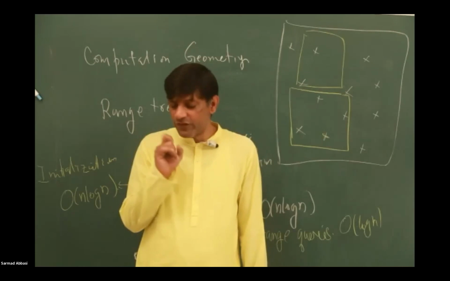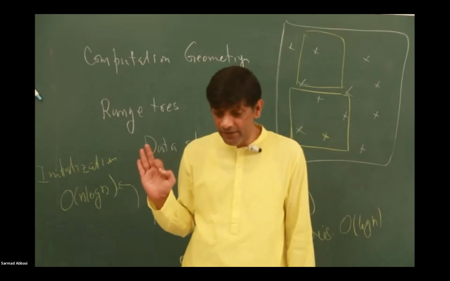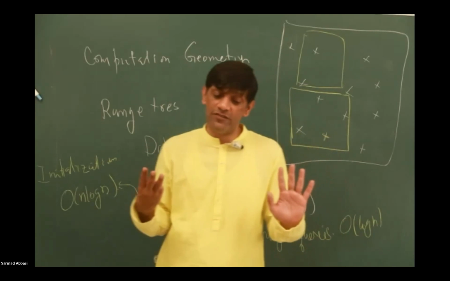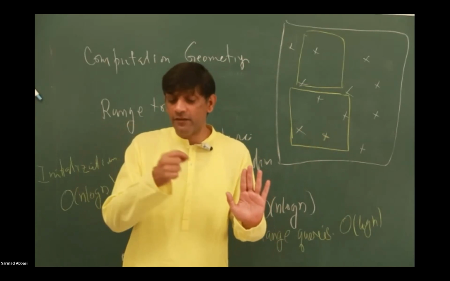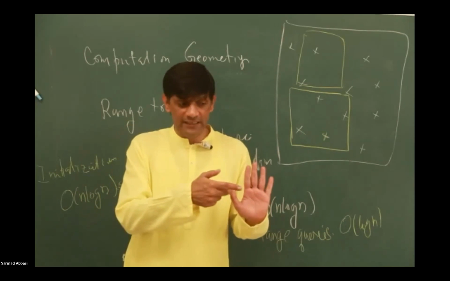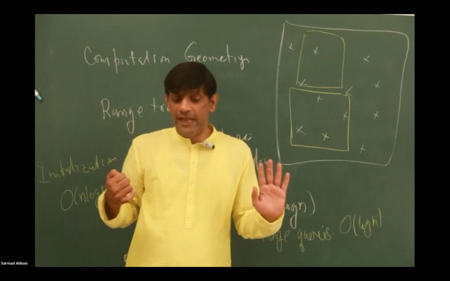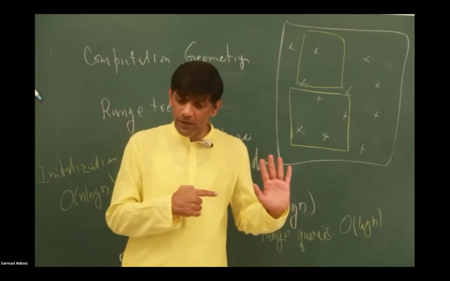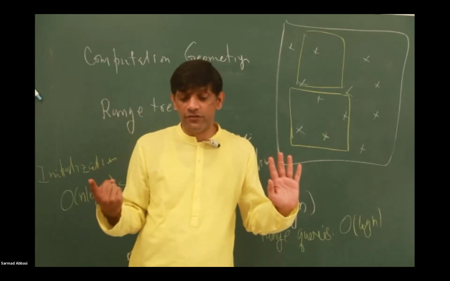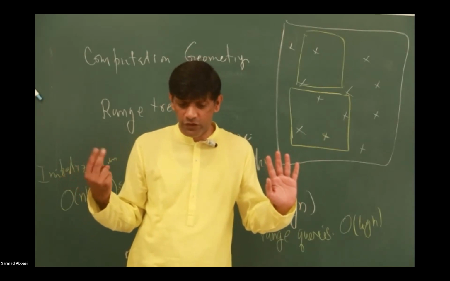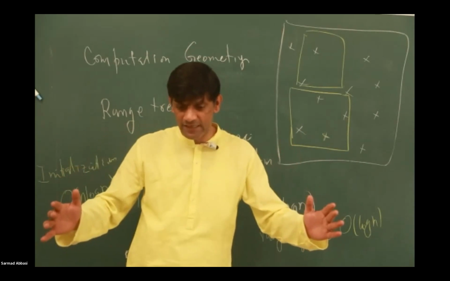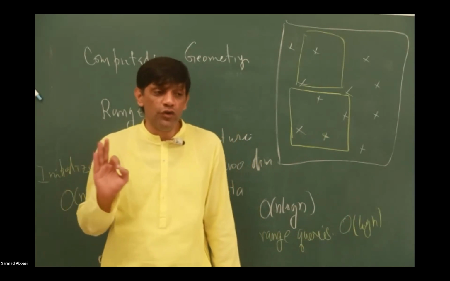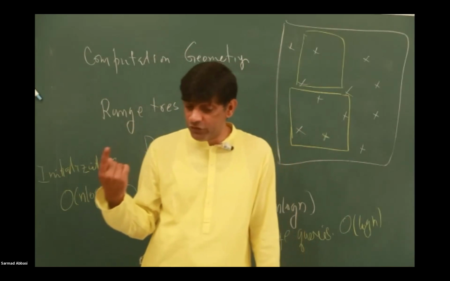I would like to say just one thing about the range trees. Range trees support 3 operations: insertion of particles, deletion of particles, and the range query. Now, in my problem, I need neither insertions nor deletions. All the particles are given initially, and therefore you do not need range trees.